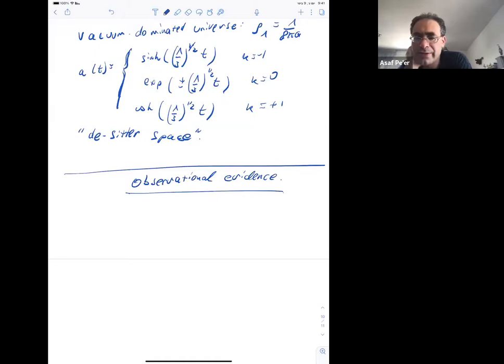The theory itself, without the observation or experiment, is meaningless. So what is the observational evidence for the correctness of this Big Bang theory? It turned out that there are 5 independent measurements that support this Big Bang theory.